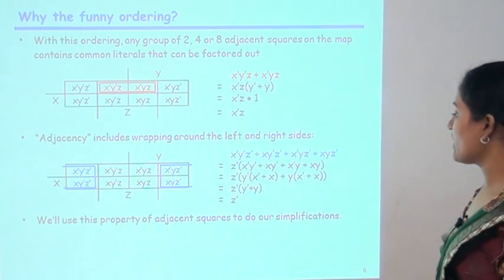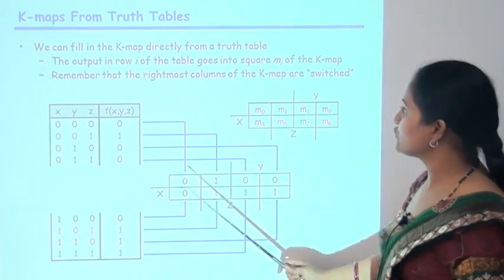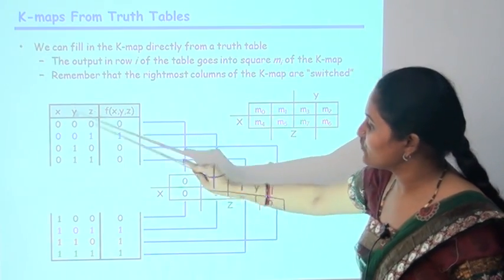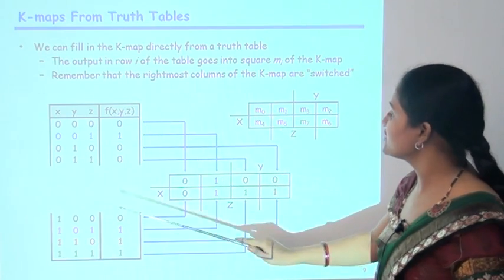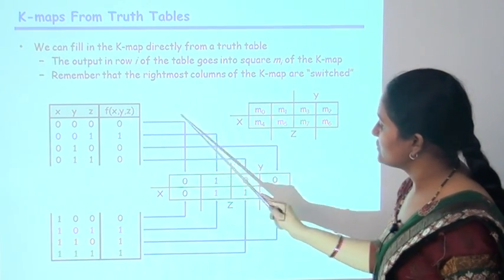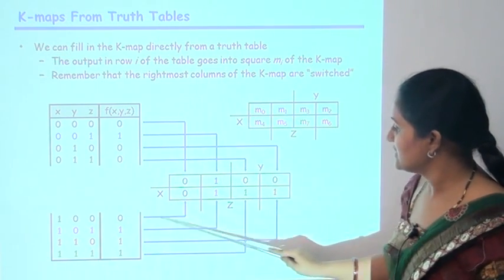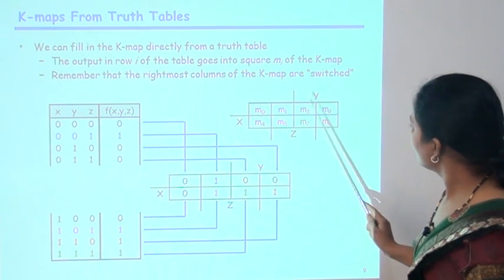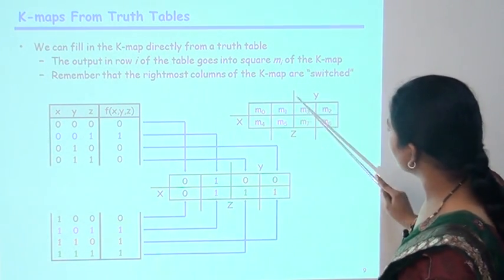So using this property we can do many more simplifications. Now for the truth table, if x, y, z, 3 elements are there and let this be the function. So for this 0, 1, we will write like this. We know these are from the previous slide.